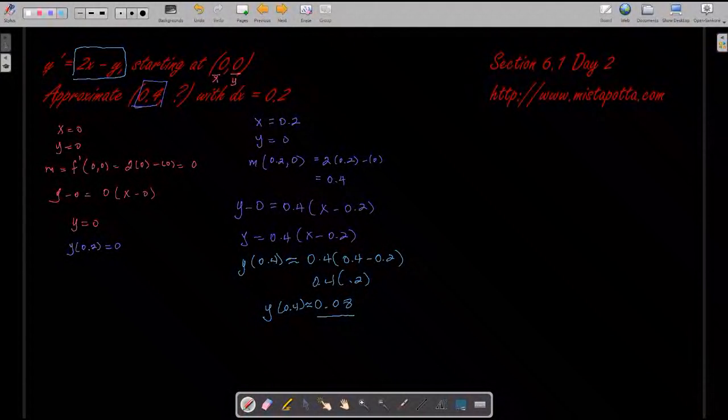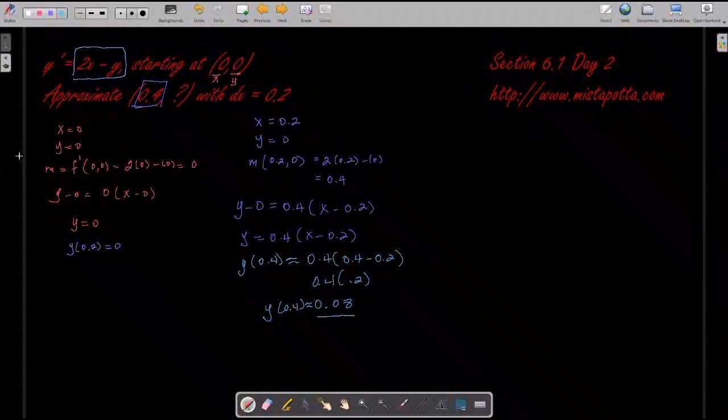There's no way that I could get 0.08 by looking at a slope field. So all that we're doing is we're finding tangent line approximations, but we're doing it in two steps.